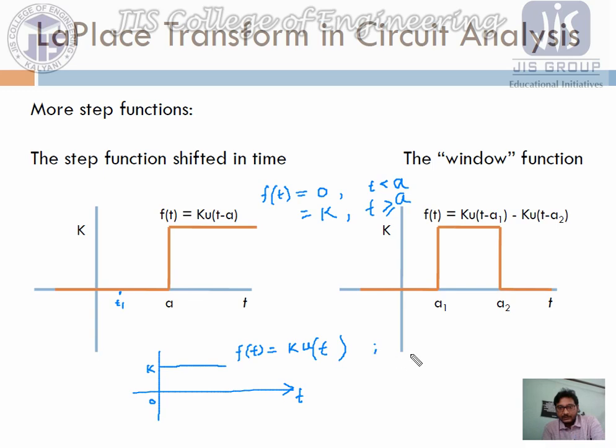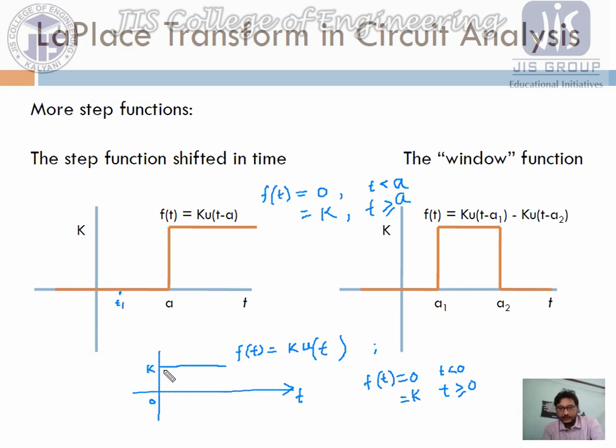We have written that f of t is equal to 0 when t is less than 0, and equal to k when t is greater than or equal to 0, that is, when t is 0 then it was k.